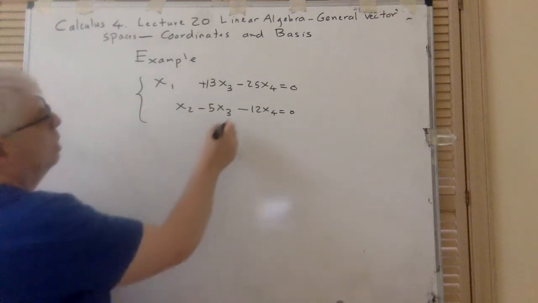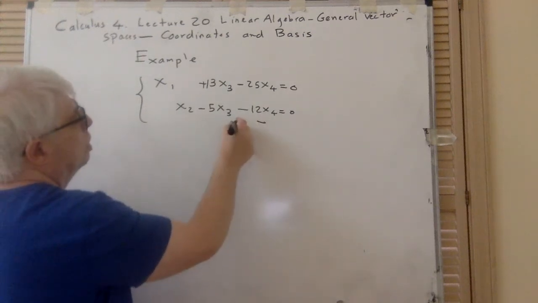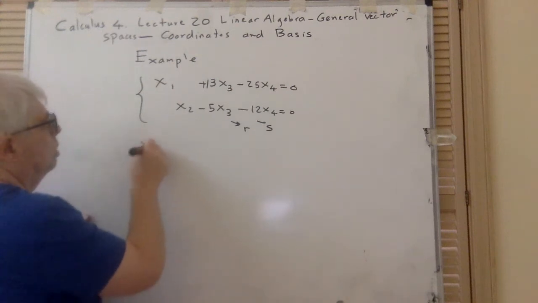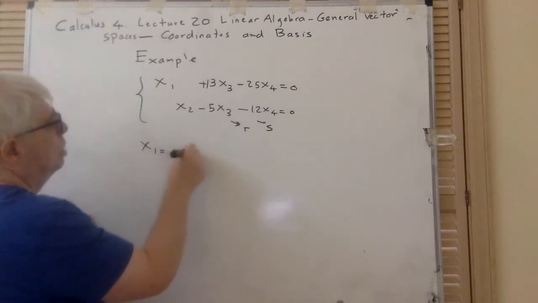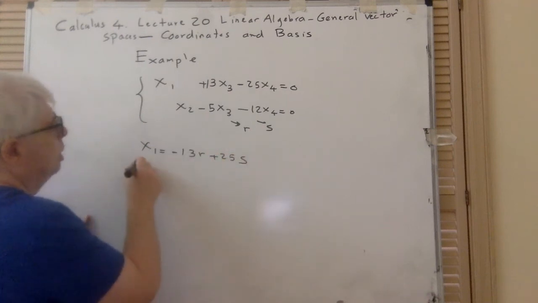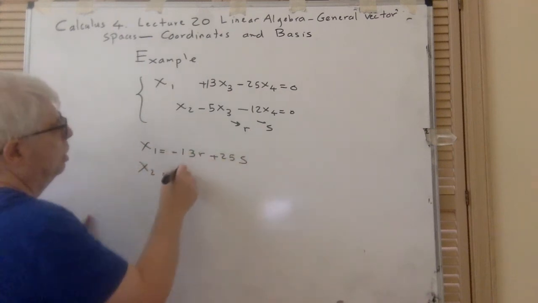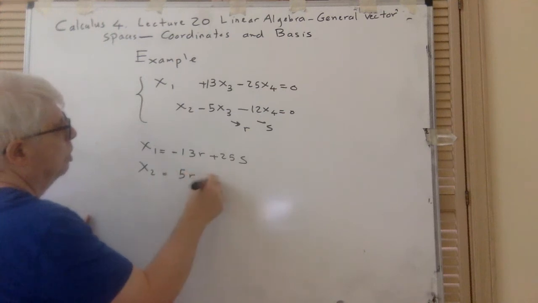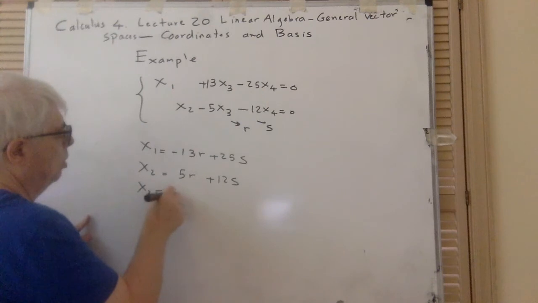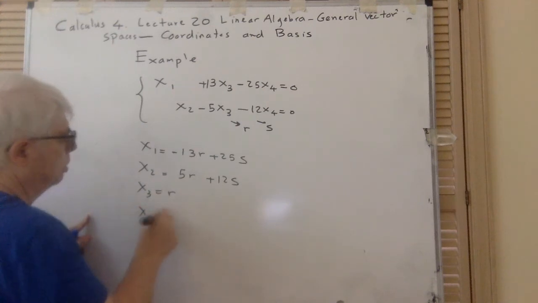So let these free variables be r and s, and so x1 will be minus 13r plus 25s, x2 will be 5r plus 12s, and x3 is r, x4 is s.